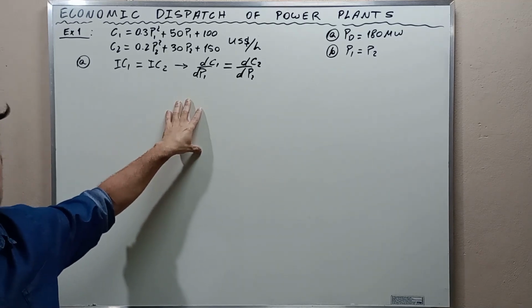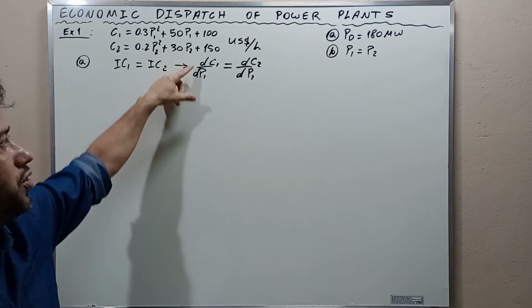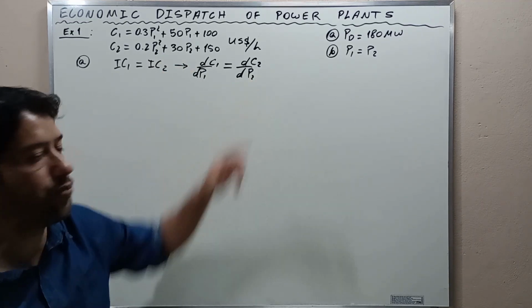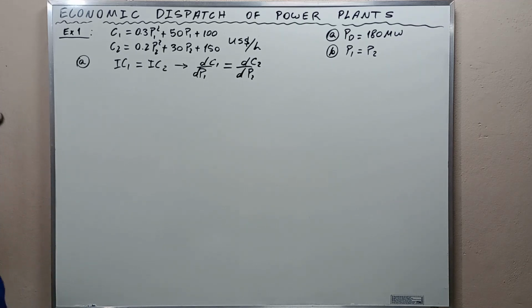So, what did I say? I said that the derivative of C1 with respect to P1 has to be equal to the derivative of C2 with respect to P2. When this happens, they are optimally dispatched.